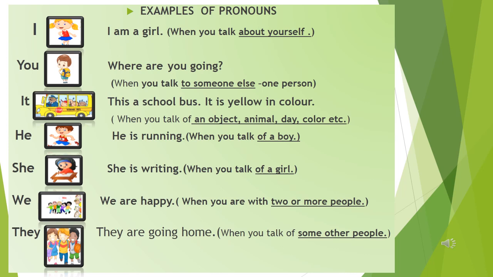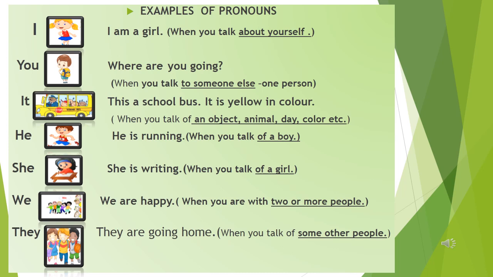Now, when you are talking of more than two people, and you are also a party to that group, then you use the pronoun we. When you talk about yourself and the people standing with you, then you use the pronoun we.